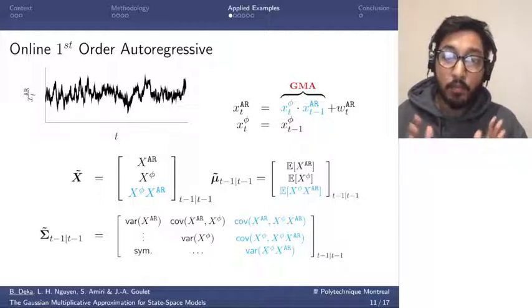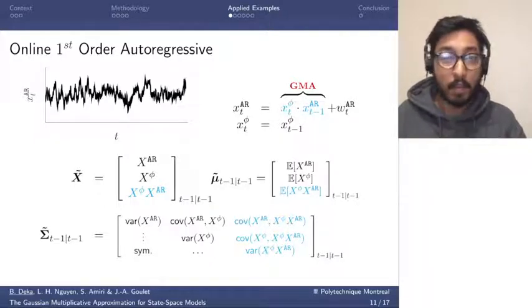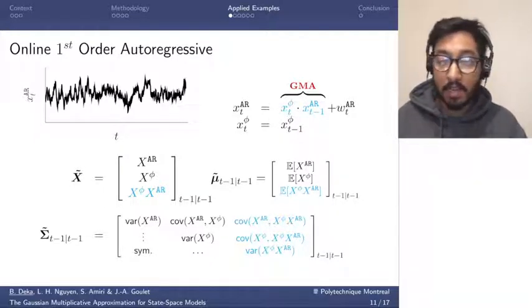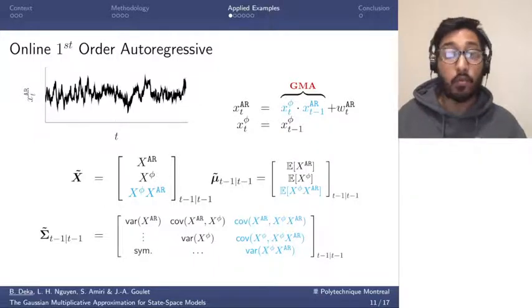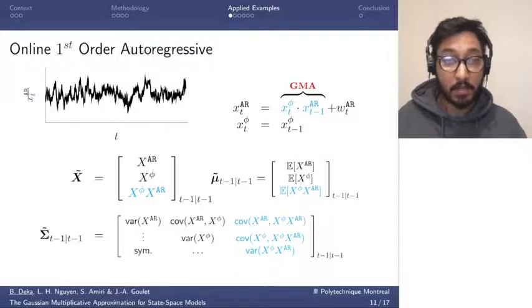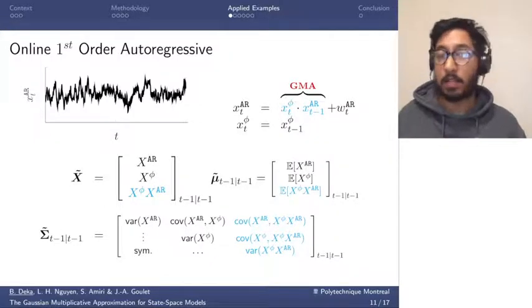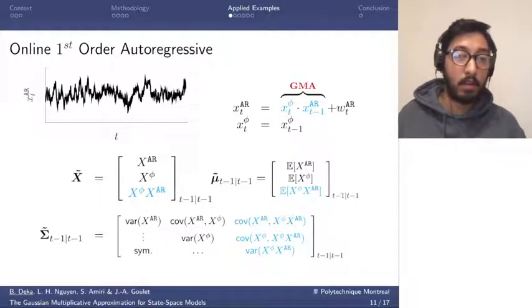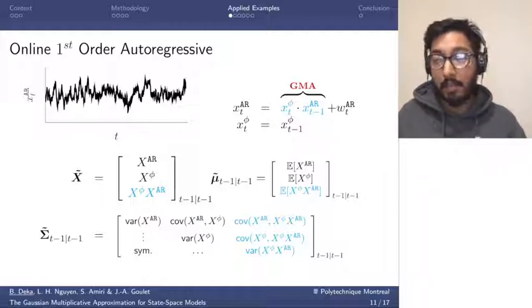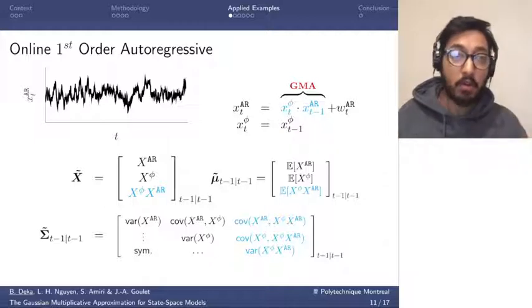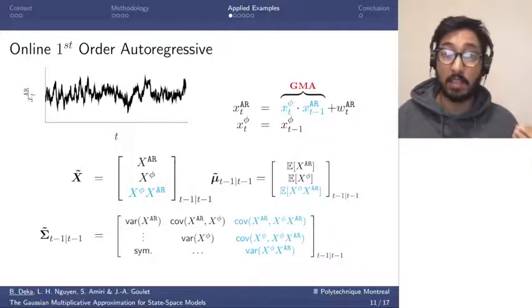Now we have four terms to find, which are represented in blue, and we know that we can evaluate these using closed form equations with our method. Once you can evaluate the mean vector as well as the covariance matrix at t-1 given t-1, we can move ahead and infer the posterior distribution for the vector of hidden states, which is x tilde.